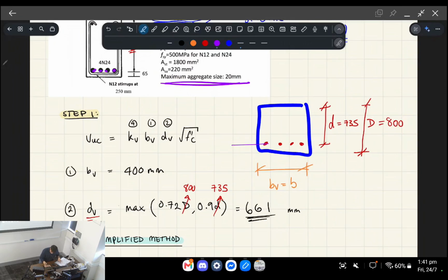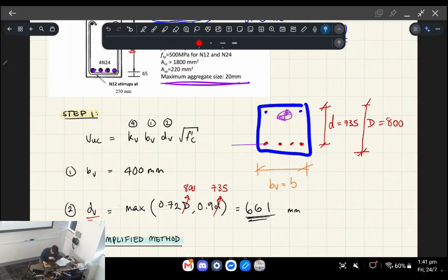So I like to think of it like, pretend that's the center of your compressive forces. That's talking about the contribution of the compressive steel, as well as the portion of concrete which is acting as your compression block.